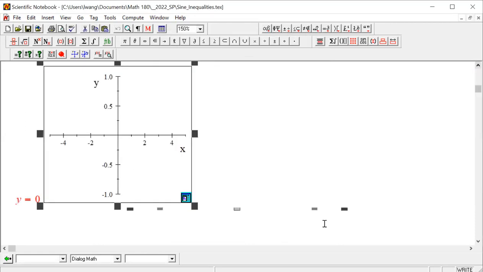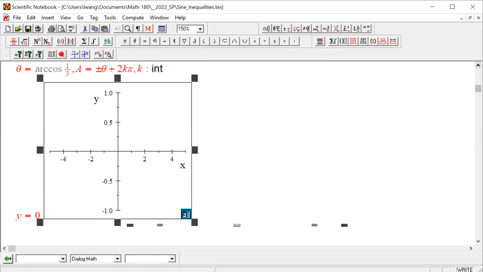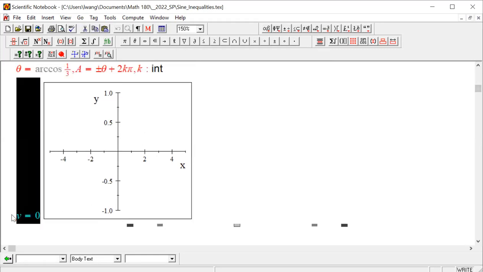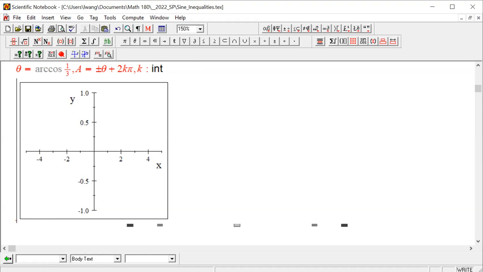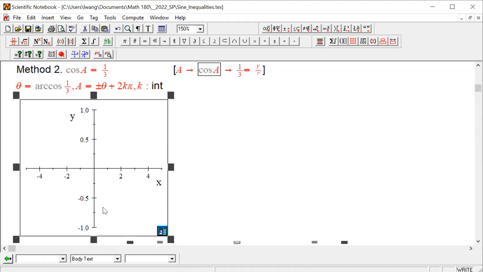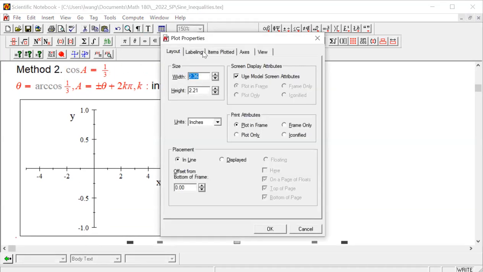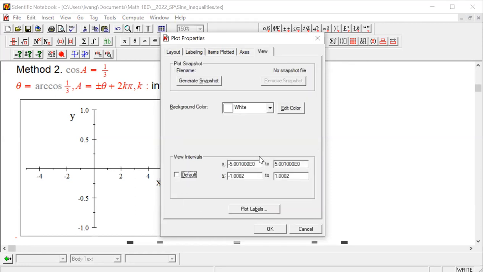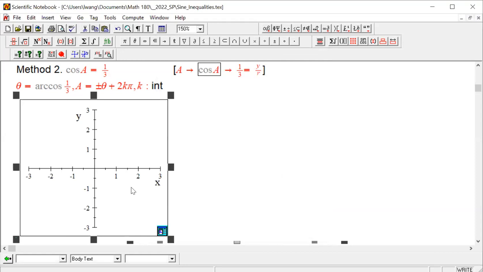So suppose I don't care about the unit circle in this case. I would not worry about the unit circle, and so I'm going to make my picture just proper size.